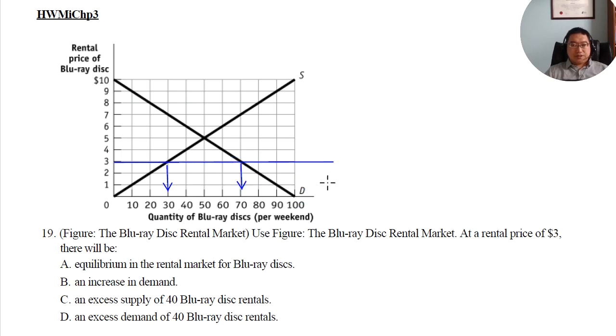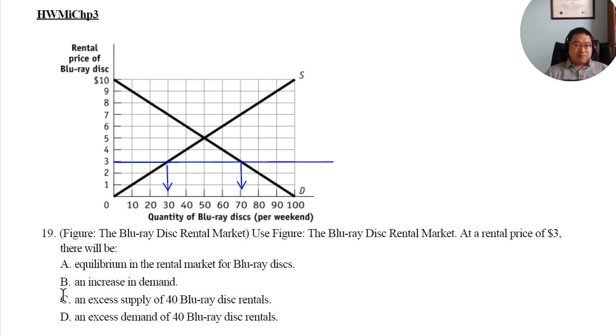So what we know is quantity demanded is more than quantity supplied. There's a 40 units shortage, 70 minus 30.